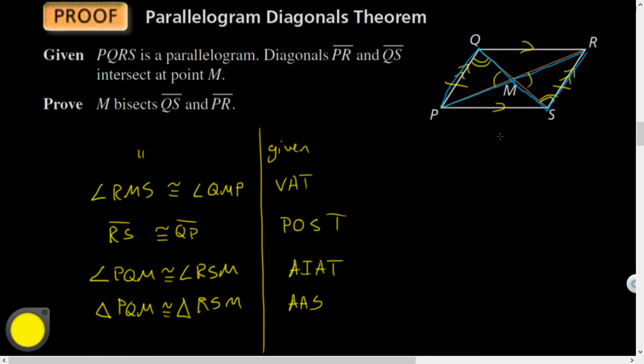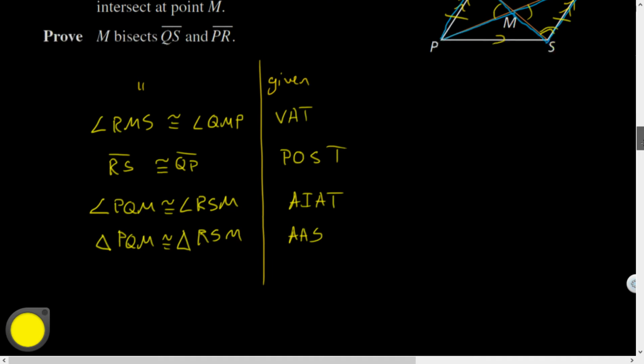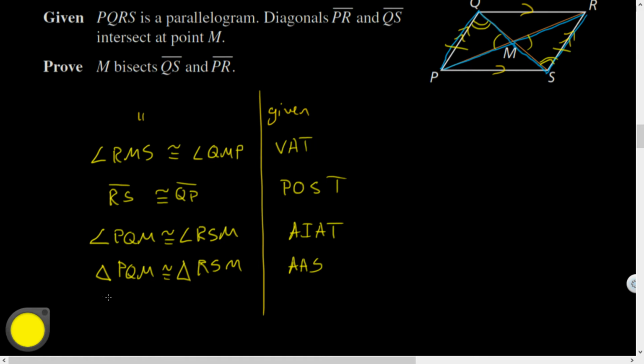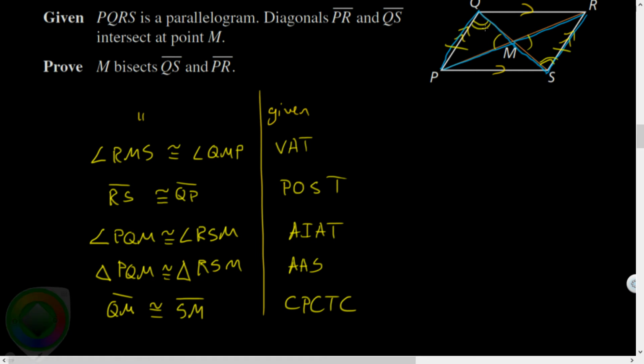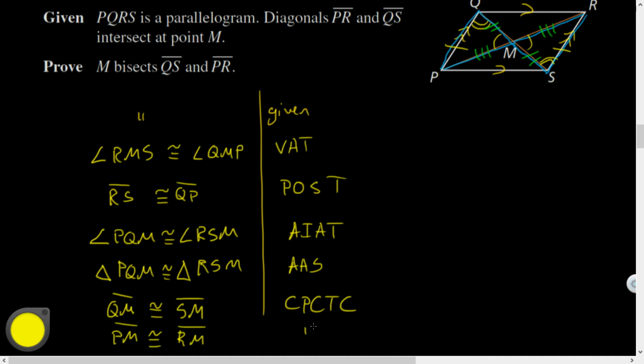Now, because that is true, what else can I say? Oh yeah, all of the CPCTC. Because corresponding parts of congruent triangles are congruent, therefore, I'm going to label this with a different color here. So therefore, this is congruent to that, and also because of CPCTC, PM is congruent to RM.